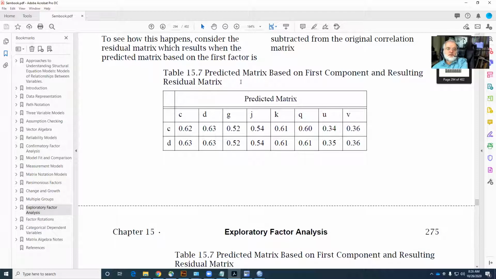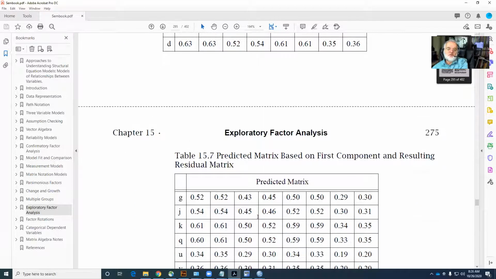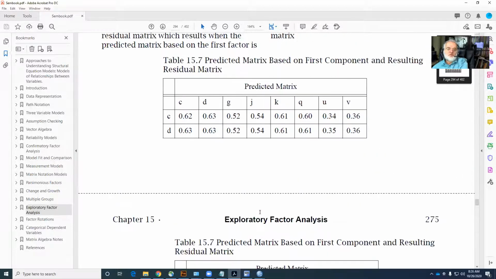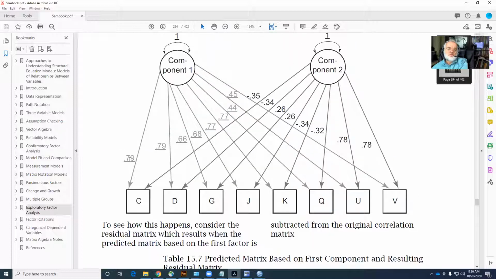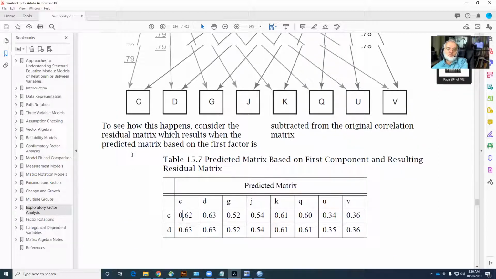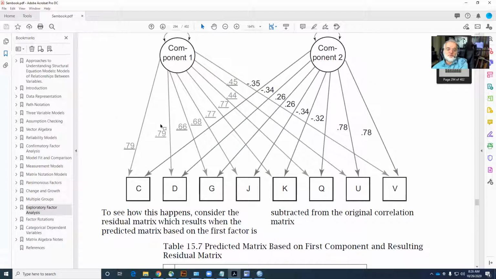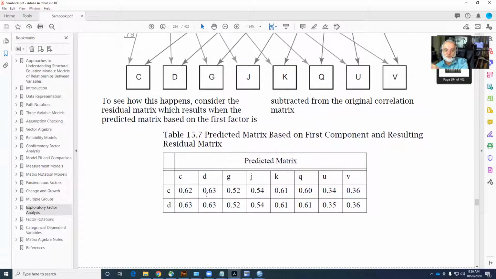So to look at that, here's our first component. And if I use the tracing rules, I'm going to get this as my predicted matrix. So taking these numbers, 0.79 times 1 times 0.79 is going to give me 0.62. And 0.79 times 1 times 0.79 is going to give me 0.63 within rounding error.